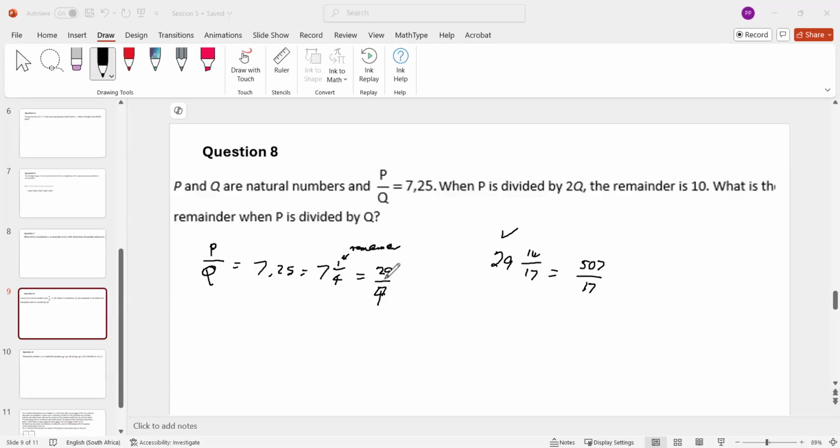7¼ is 7 times 4 plus 1. You can write it like this, or you can write it as a mixed fraction, or as a proper fraction. But all fractions can be written like this. If you don't worry about the integer, all fractions can be written as an integer m over n.